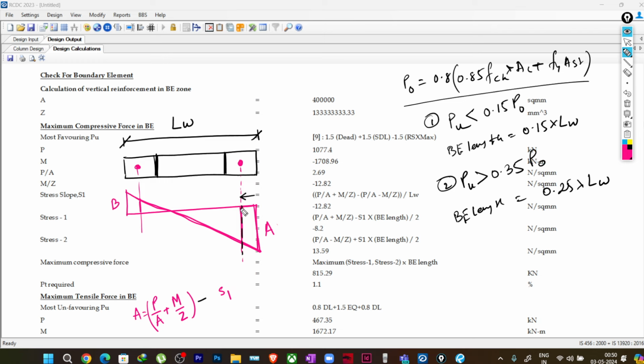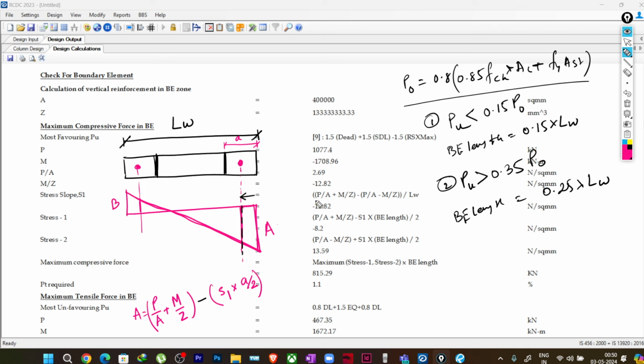Now what is the exact stress value here? How will we find it out? I got the rate of change, into the length up to which I want to go. If my total boundary element length is, suppose, A, I'll be going up to A by 2. So into A by 2 will give me the stress at this particular location.